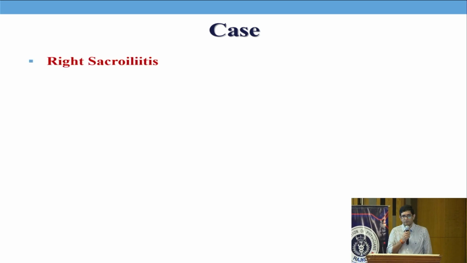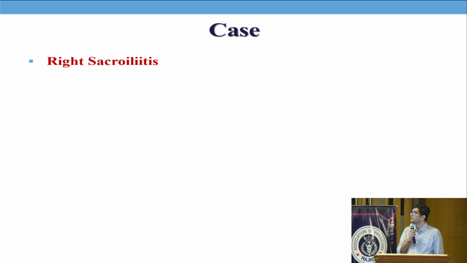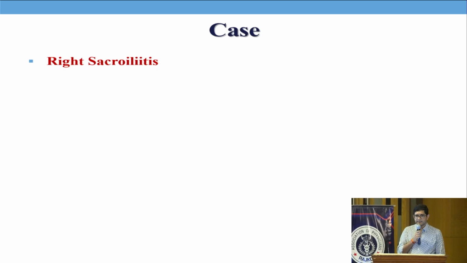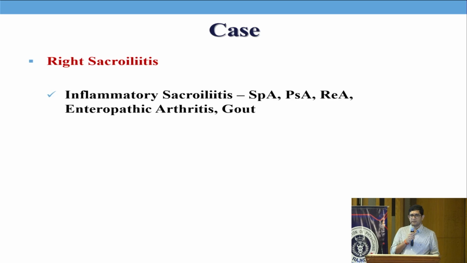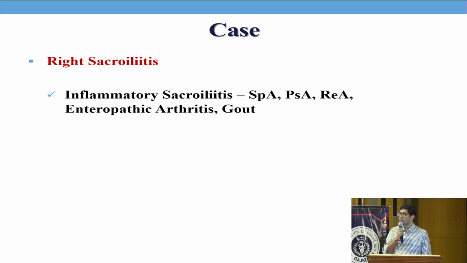So this is a case of unilateral sacroiliitis. History was almost 1.5 months. In unilateral sacroiliitis, there are many differential diagnoses. Mostly we usually think inflammatory. In early stages, inflammatory disease can present with unilateral inflammation, then it goes to bilateral.